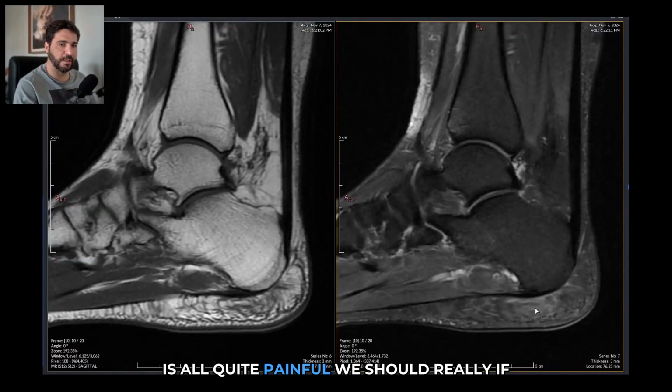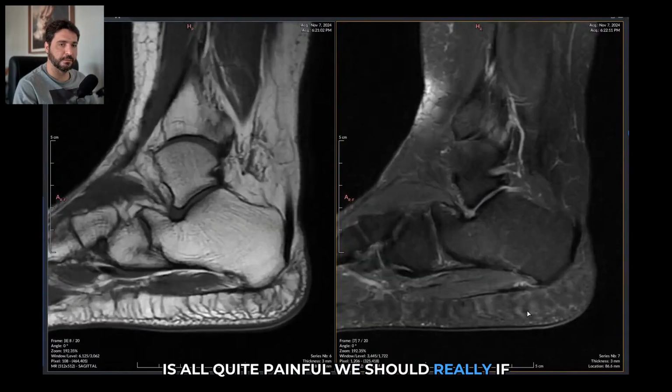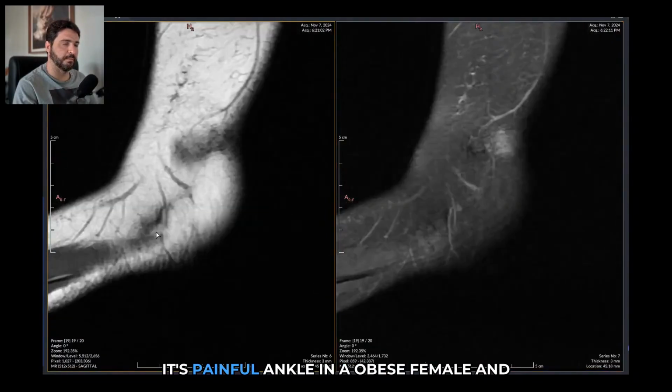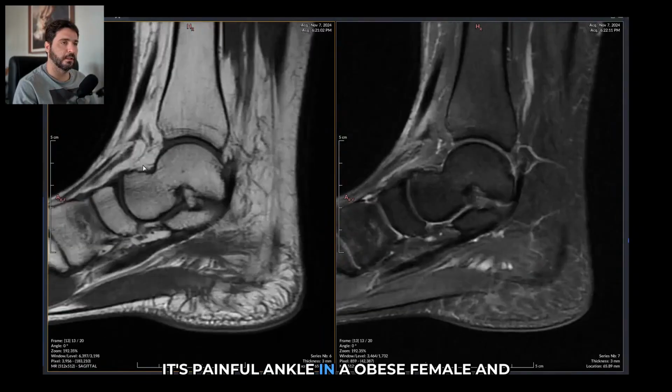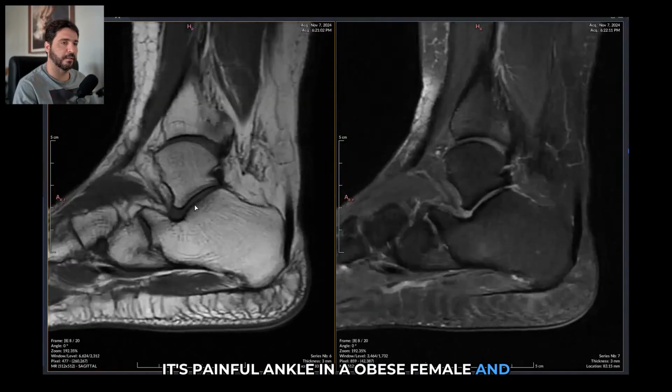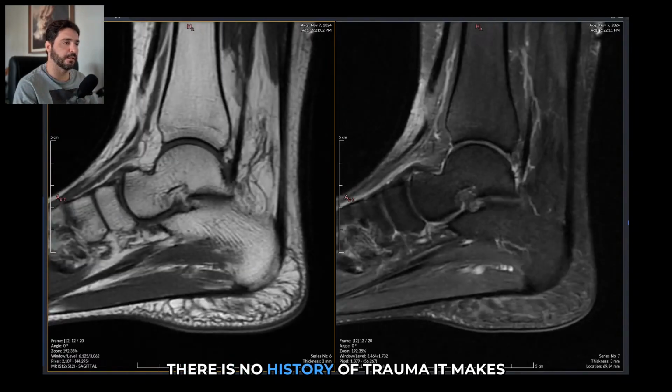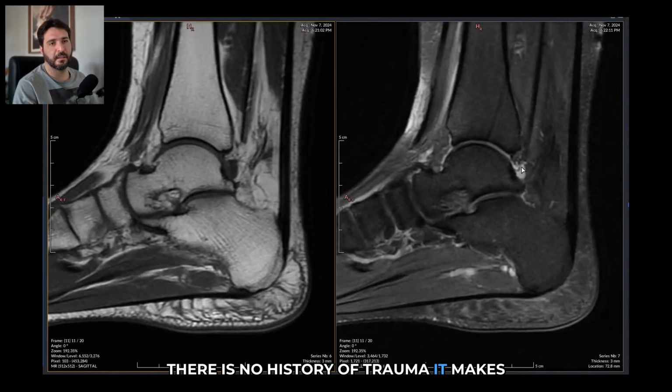This is all quite painful. If it's a painful ankle in an obese female and there is no history of trauma, it makes sense.